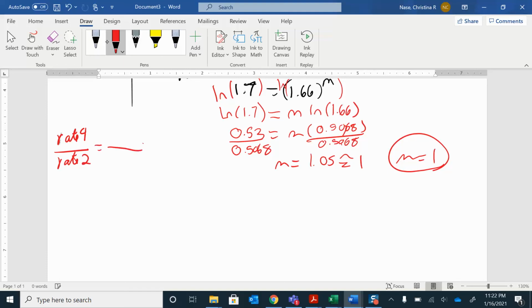I have my rates equal k times concentration raised to the m, concentration raised to the n, k times concentration raised to the m, concentration raised to the n. So rate 4, 0.016, rate 2, 0.016, they're both the same. Okay, k, this one is 0.067, and this one is 0.333.